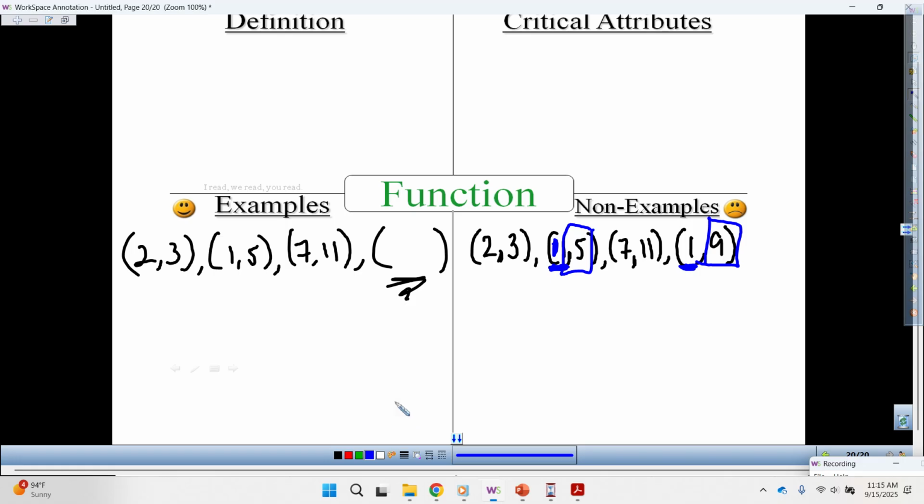Julian, what would we write there? 2, 3. Okay, hands if you agree with that. To repeat it, if it repeats, we need to have the same outputs. Who was thinking 1, 5? Some of you, yeah. But could it have been 2, 3? Yes. Could it have been 7, 11? Yes. As long as the same output is there when the same input is repeated.